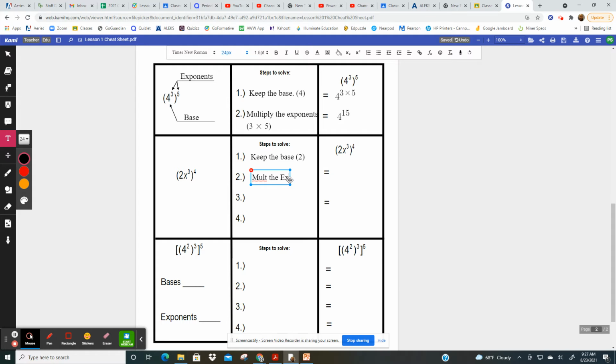The exponents here are 1 and 4. Then we do the same thing.